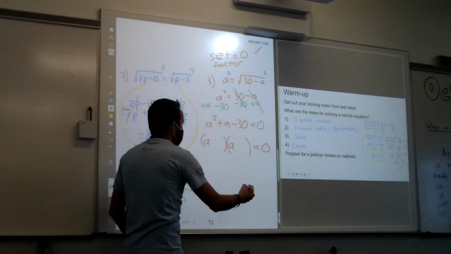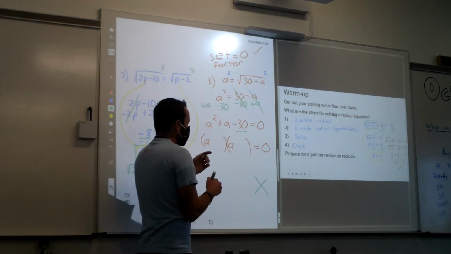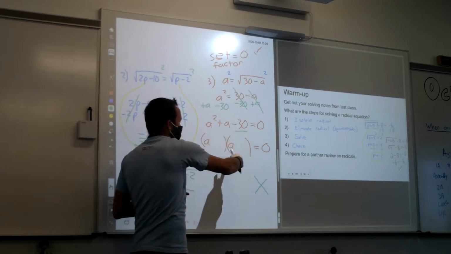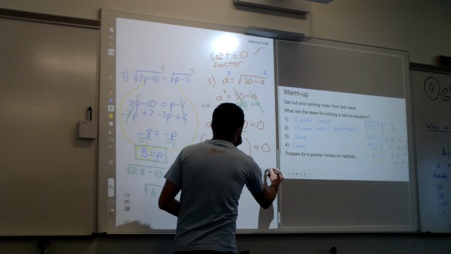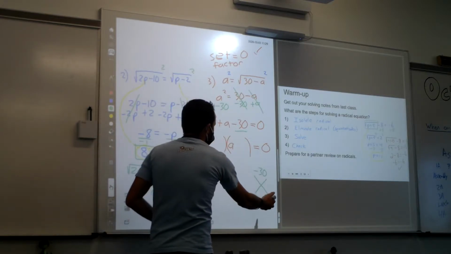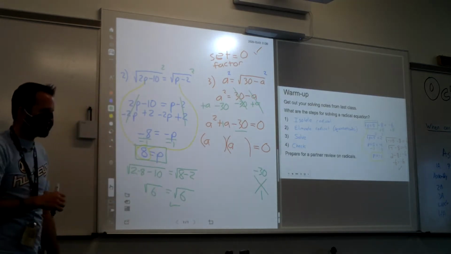Awesome. So I usually make this little X here and I say, they multiply to that number, right? Because we're distributing here. The numbers multiply to give you the negative 30. But then they'll add to give you the coefficient here, which is 1.